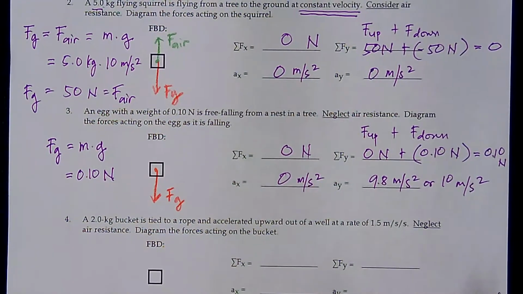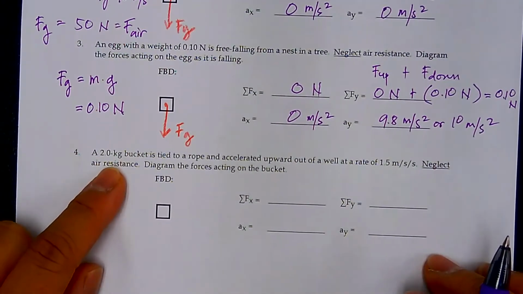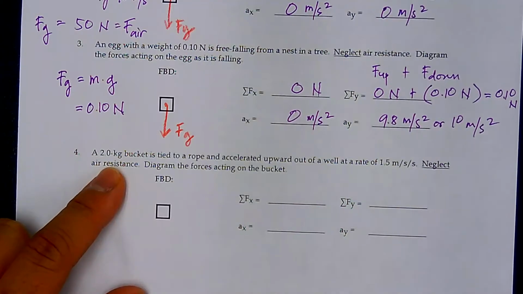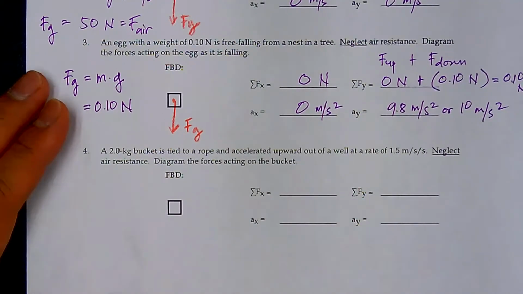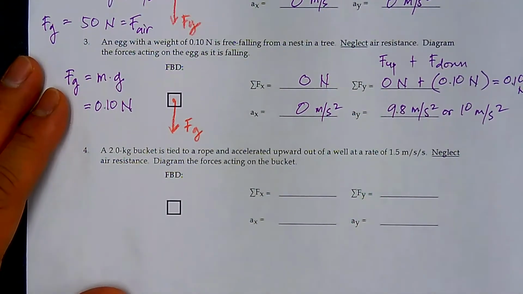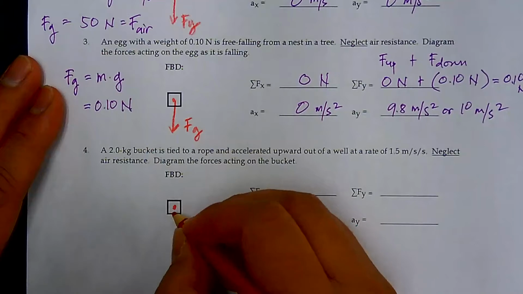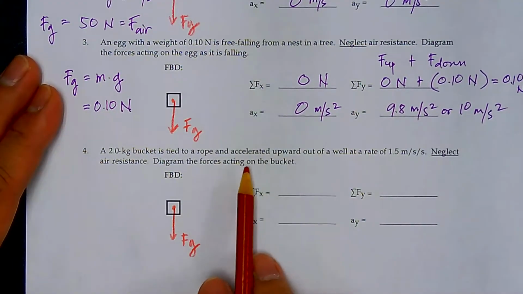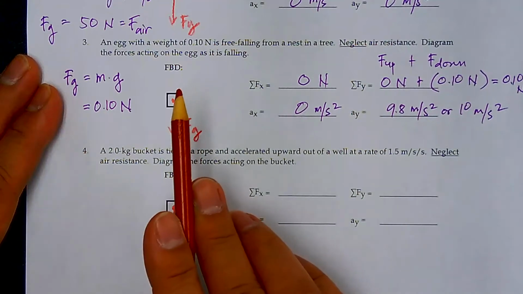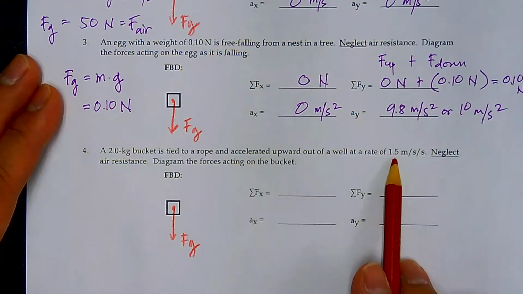Now let's move to number 4, a 2 kilogram object that is tied to a rope. Anything that's tied to a rope must have a tension force. So let me draw a free body diagram. First, the force of gravity, and then the object accelerates upward at a rate of 1.5 meters per second squared. Here it tells you the acceleration going up.